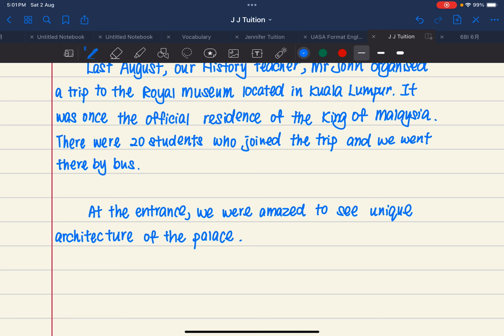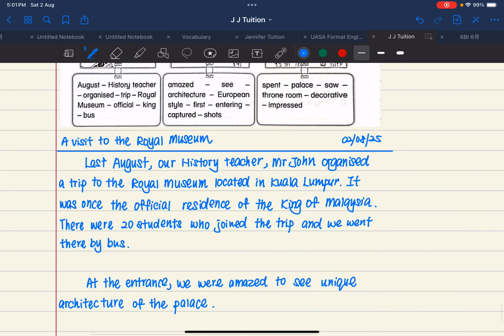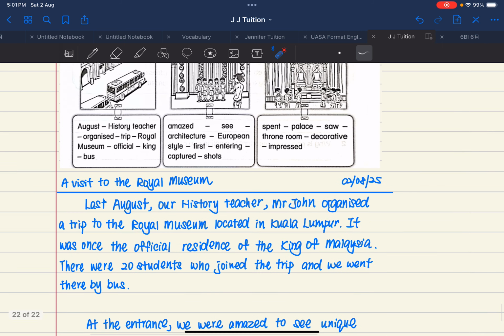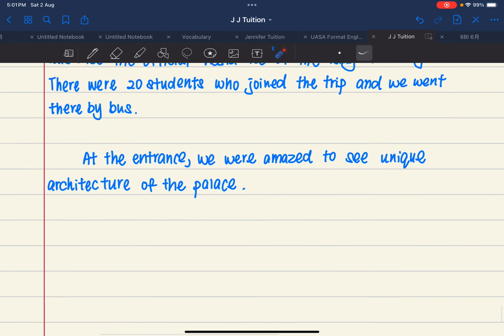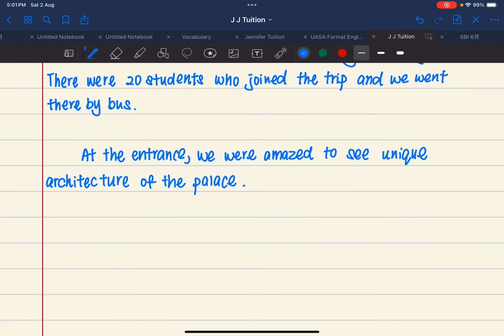Okay, then the architecture we can see is more of a European style. Maybe you can write down more here. So we can write down the 2 floors. Okay, we can write down more about how the design is, how the exterior is. You can write here to elaborate your story.